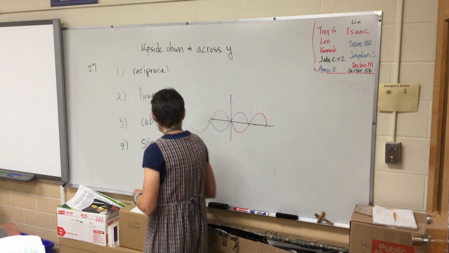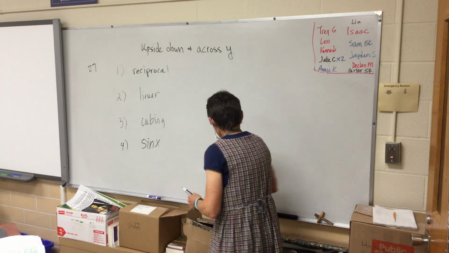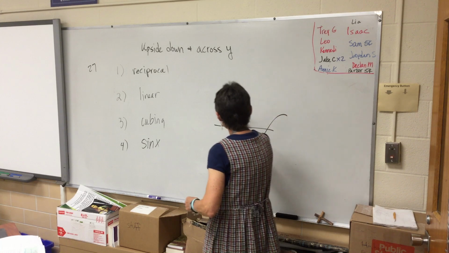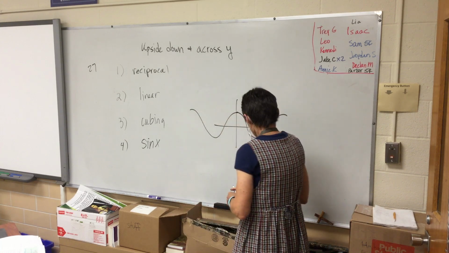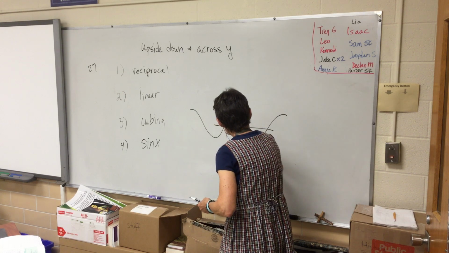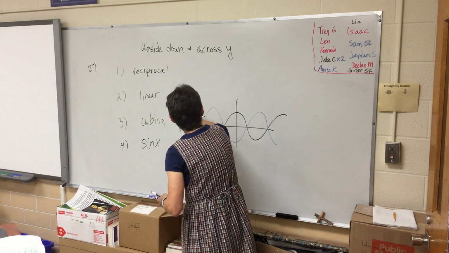All right, let's look at cosine. So cosine starts out looking like this, right? So when I turn it upside down, I get the blue, so I'm going to take out the black now.